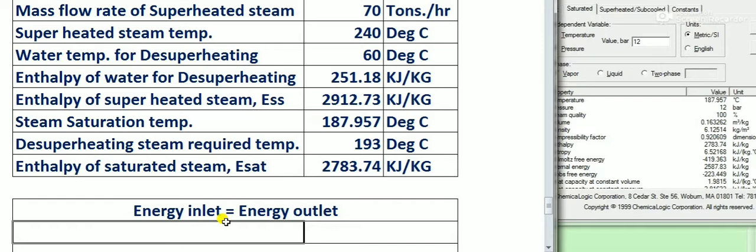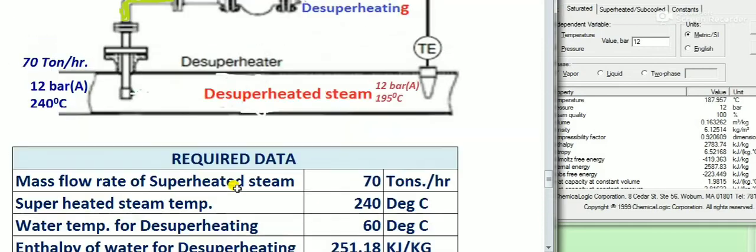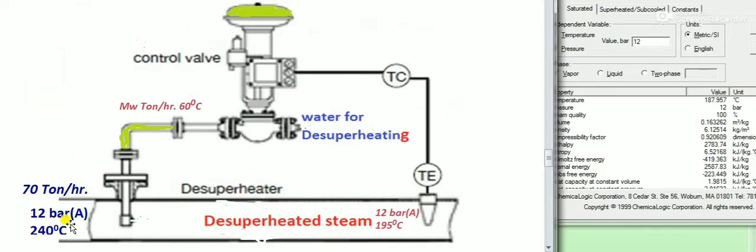You can see in the picture that we can clearly identify the energy input: steam energy is there and water energy is there. So enthalpy of superheated steam into mass flow rate of superheated steam plus enthalpy of water into mass flow rate of water is equal to enthalpy of desuperheated steam into mass flow rate of desuperheated steam.